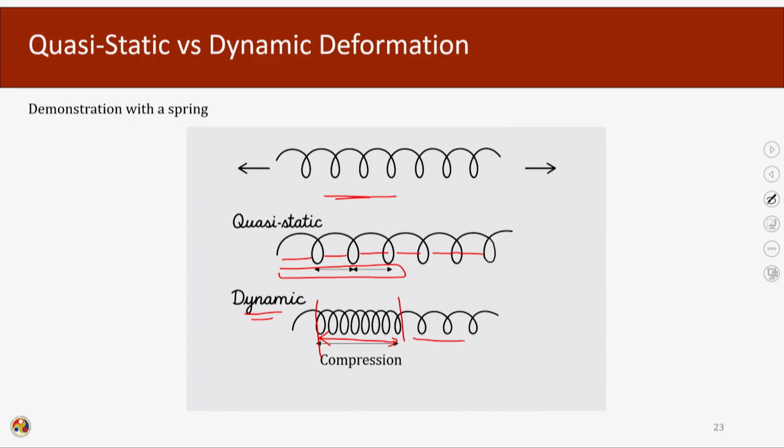The other area has not seen this dynamic deformation, and subsequently this propagation will occur. This compression phase will propagate into the other phase. This is, in a very simple sense, how dynamic and quasi-static loading vary.